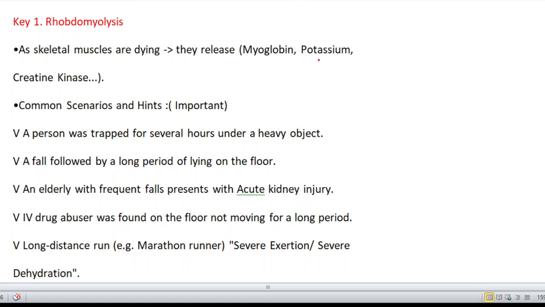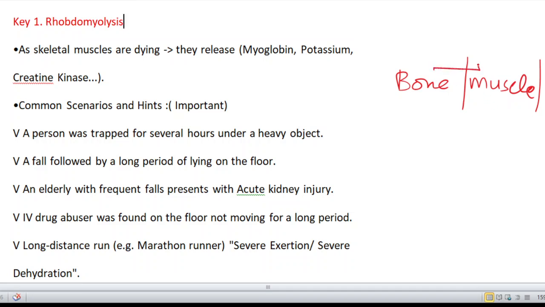So basically what happens is that this is a bone and this is a muscle, and this is the floor or any rough surface.